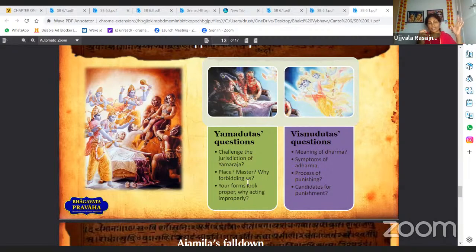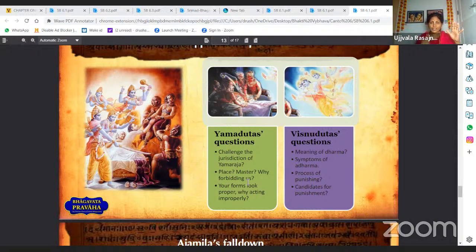And then all of a sudden come these effulgent four Vishnudutas, as soon as he uttered Narayana. And now the conversation is happening between the Vishnudutas and the Yamadutas. The Vishnudutas did not allow the Yamadutas to snatch the soul out.